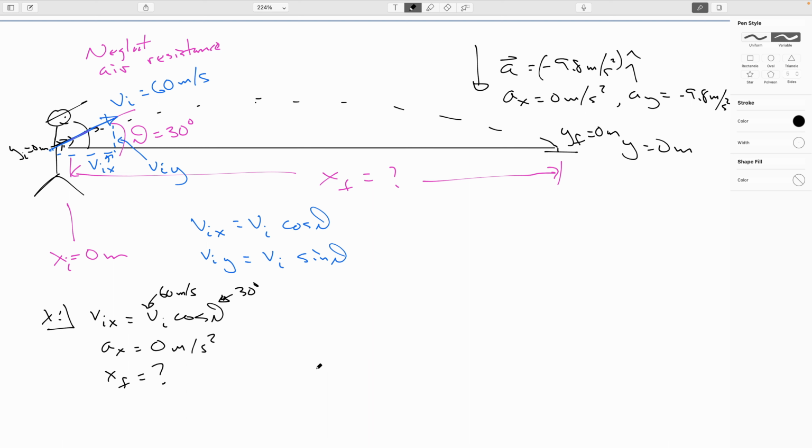And let's see, what else do we know? We do not know the time of flight. And again here, you might think, well, you know what? I really do kind of know the final velocity because a sub x is 0 meters per second squared.